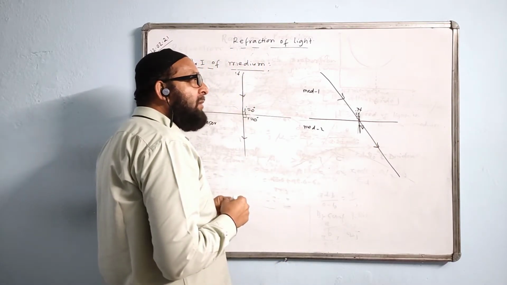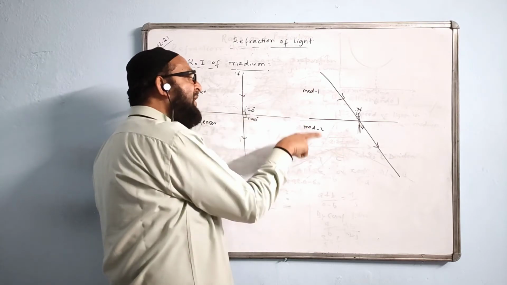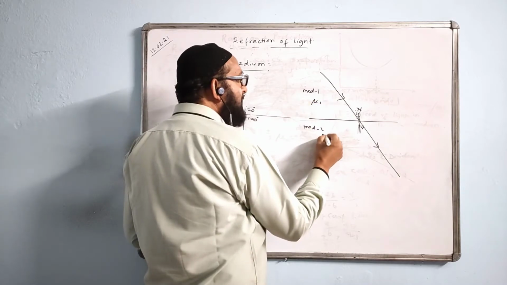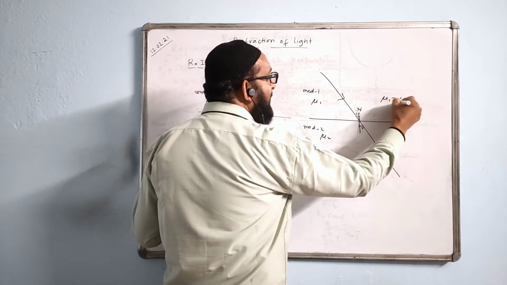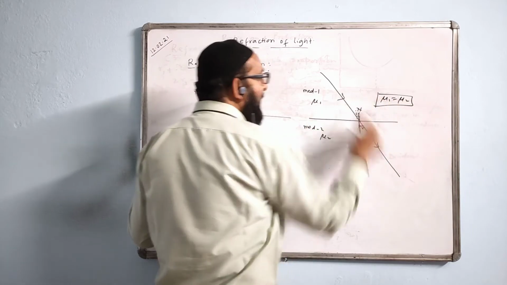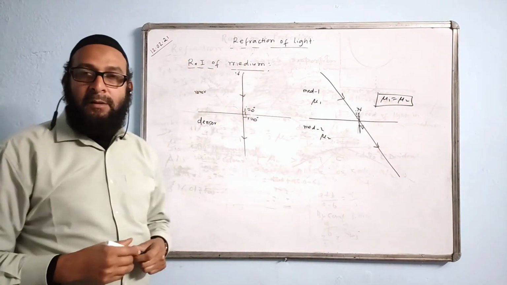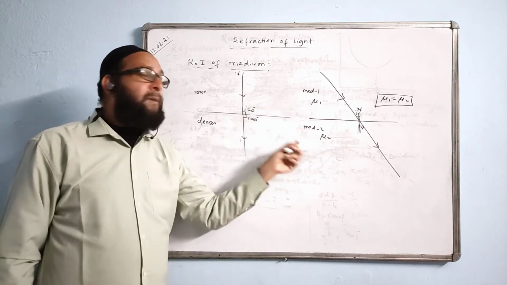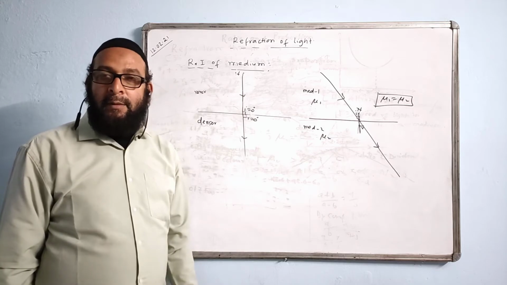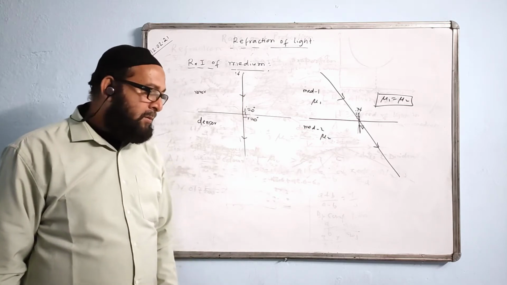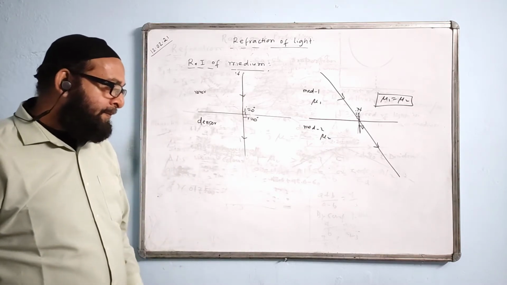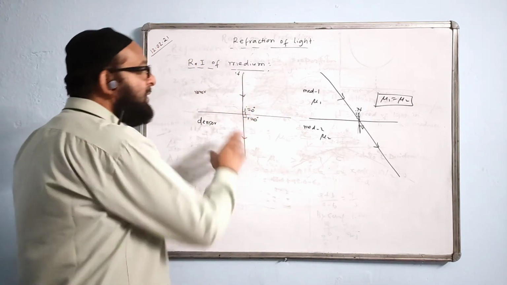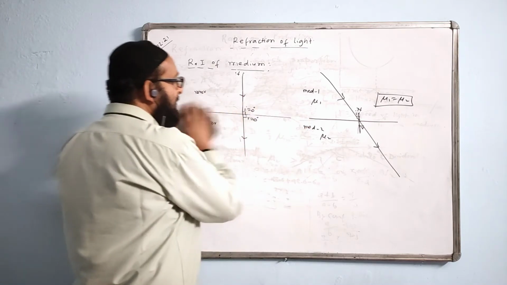That is only possible when the refractive index of this medium and refractive index of this medium are equal. That is, if this is mu1 and this is mu2 and they are equal, then only this will happen. The ray will pass the surface without bending when the refractive index of the two media are equal. Understood? Okay, these are the two conditions when no refraction takes place.